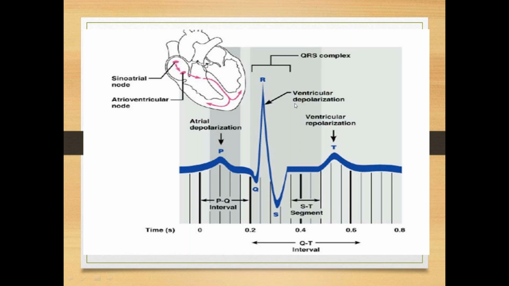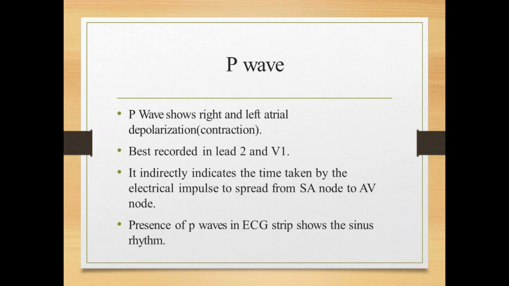Coming to the ECG waves, as I told you, P wave is the atrial contraction and QRS is the ventricular contraction. The P wave shows the right and left atrial depolarization, also called right and left atrial contraction. This P wave is best seen in lead 2 and V1 on the ECG.